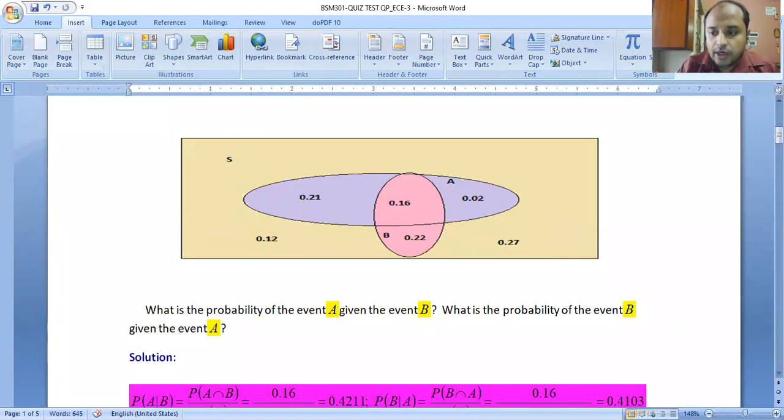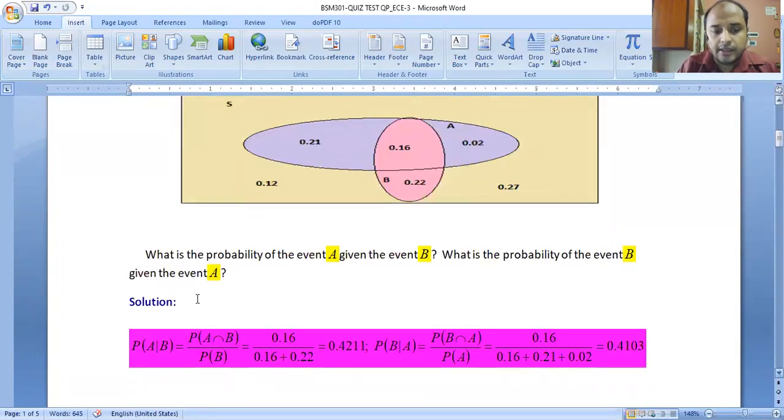Now, when we talk about the probability of event A given that B has happened, by definition it is the probability of the simultaneous happening of the events, taken in the numerator, divided by the probability of B, which comes in the denominator.